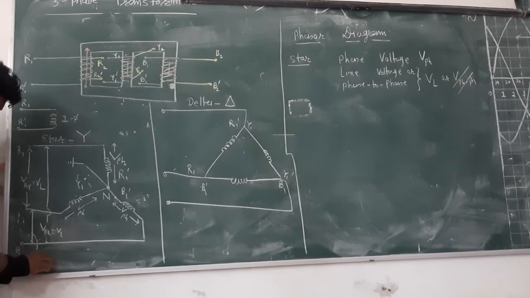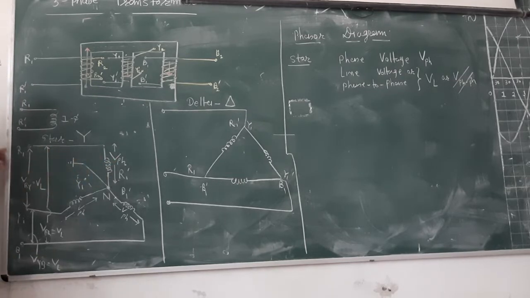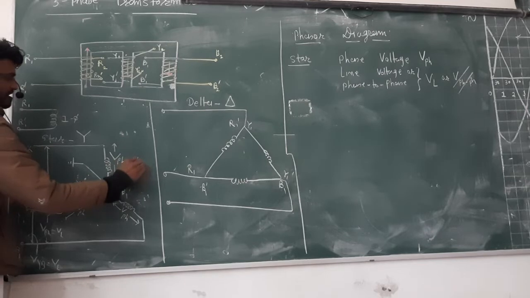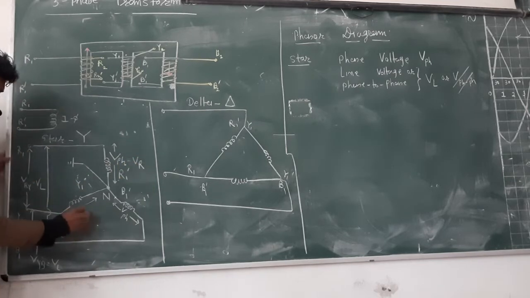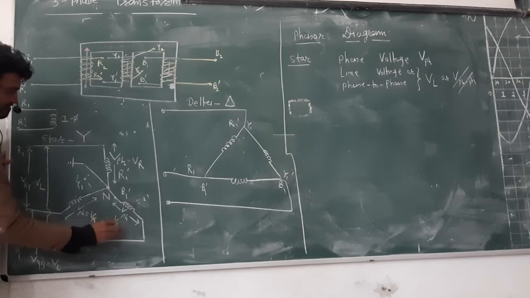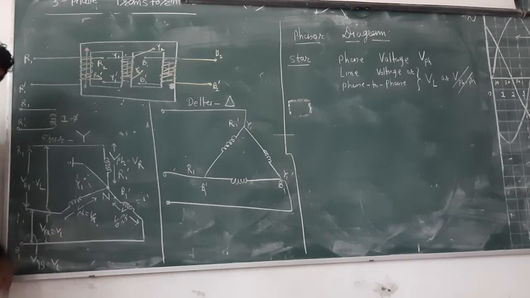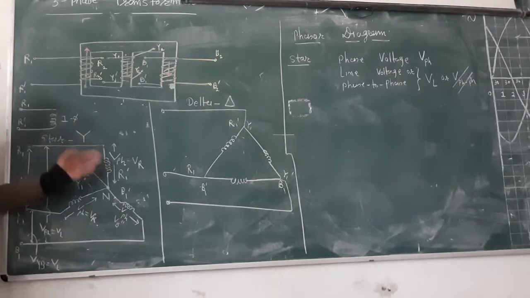This is also line voltage. Phase voltage for R, we call it VR. Phase for Y, we call it VY. Phase for B, we call it VB. Okay, same terminology: phase voltage, line voltage. Three pairs are there.